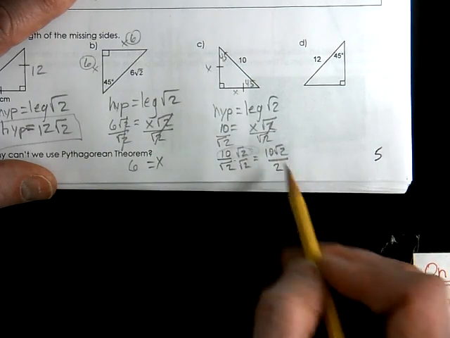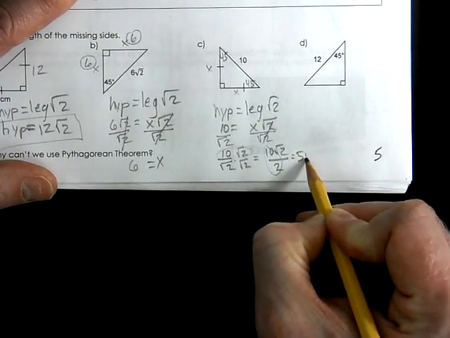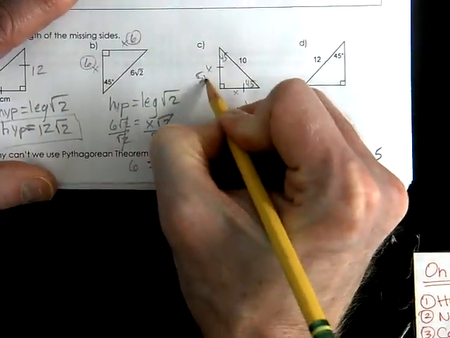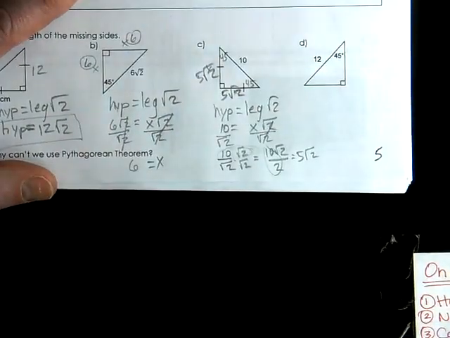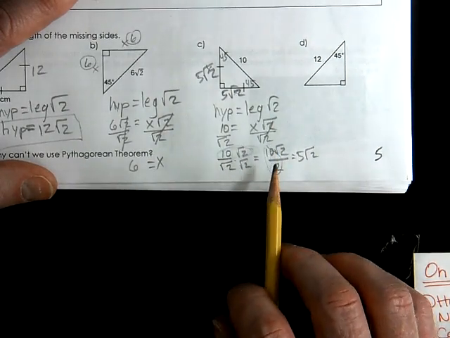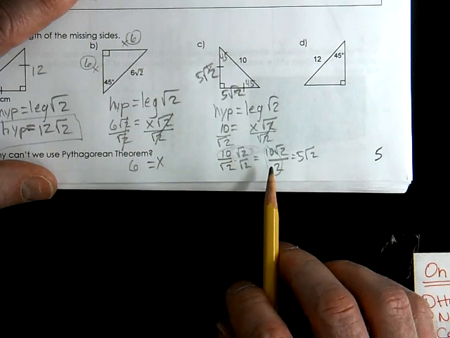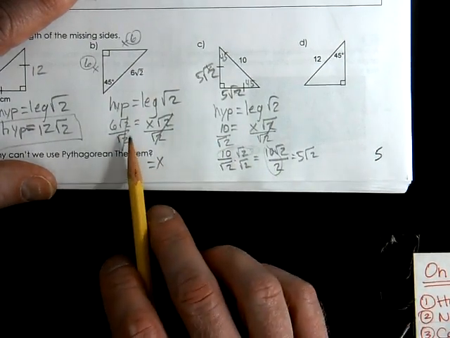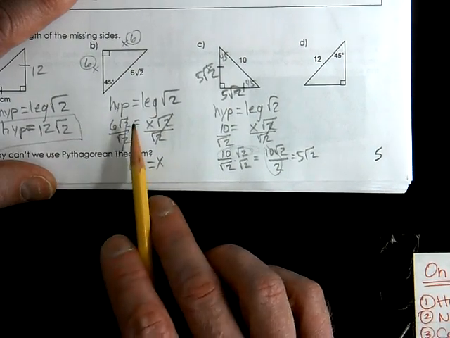What is half of 10 root 2? 5 root 2. You can divide only the type of numbers that are the same type. You see, these are both non-radicals, so I can divide the non-radicals. Over here, I was able to divide just the radicals because they were both radicals.